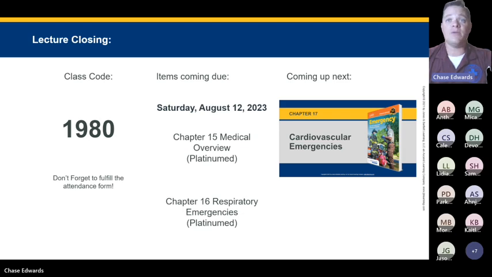So 1980, what happened in 1980? The Emergency Medical Treatment and Active Labor Act, EMTALA, was enacted in the United States. It requires hospitals to provide emergency medical care regardless of a patient's ability to pay. The passage of EMTALA was a significant milestone in ensuring access to emergency medical care for all individuals, regardless of their financial situation.